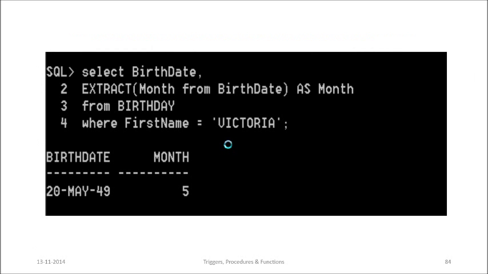So the example here is extracting the month from the birth date. The extract function is used in the select statement itself, where we extract only the month from the birth date, and then it is printed. So the month is being printed.